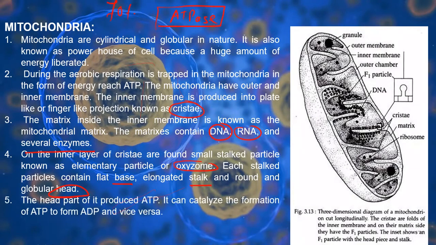So the head part produces ATP, and it can catalyze the formation of ATP from ADP. Do you know the abbreviation of ATP? The full form of ATP, do you know that? Adenosine triphosphate.